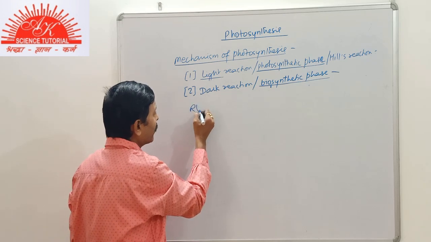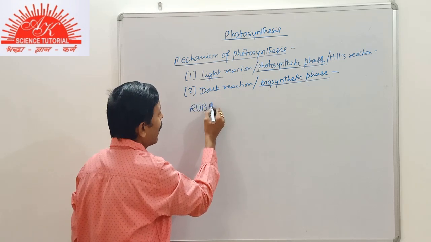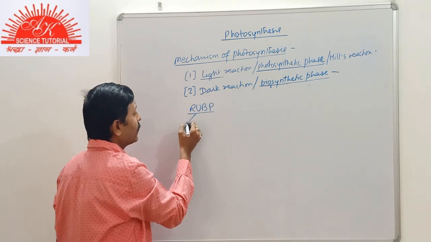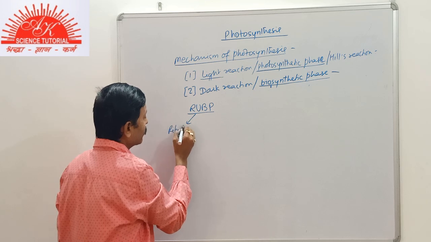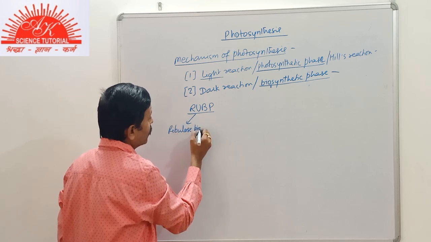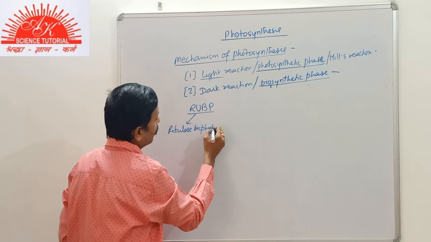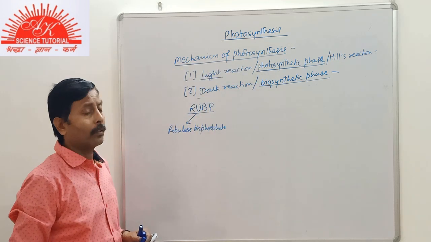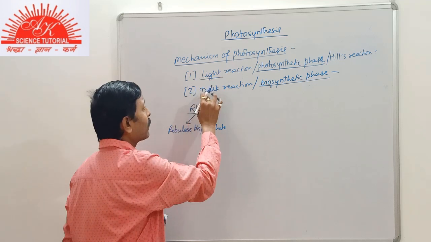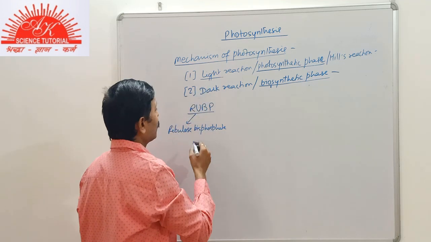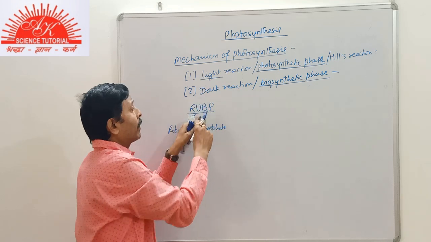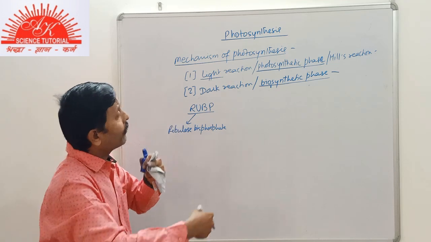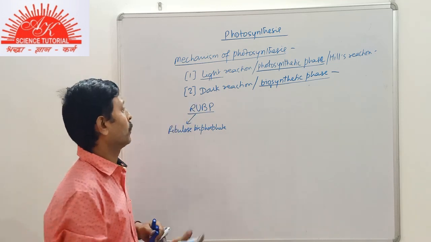The first chemical required in this step is RuBP, that is ribulose bisphosphate. This is a cyclic reaction, cyclic phase, also known as Calvin cycle. This is the chemical which initiates the process, starts the process, and is again obtained as a product at the end of the process.